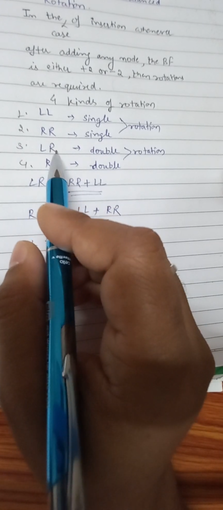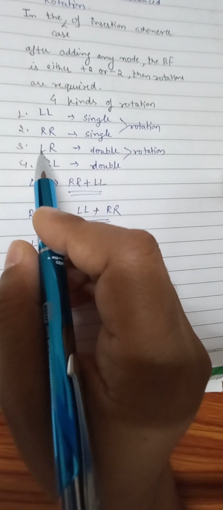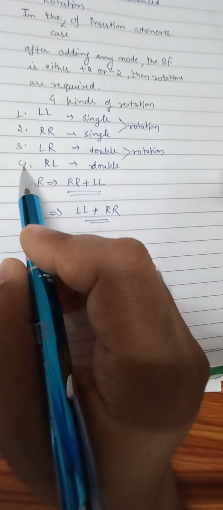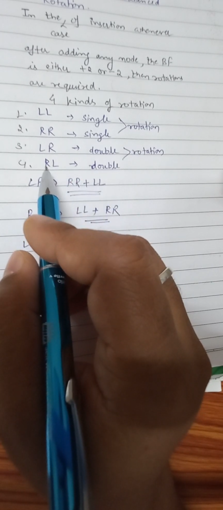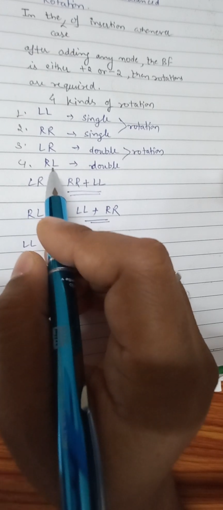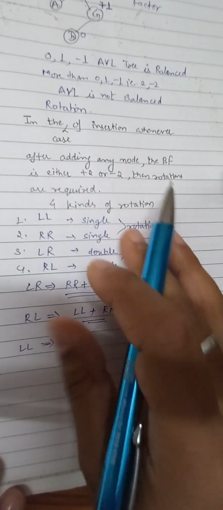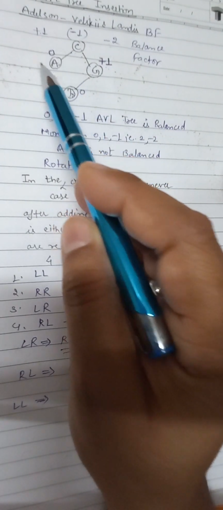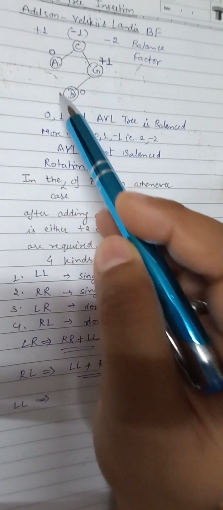Whenever we add on the left subtree, right side, then we go for LR rotation. And whenever we add any element on the right subtree, left side, then we go for RL rotation. Here this is known as the left subtree, this is known as the right subtree.